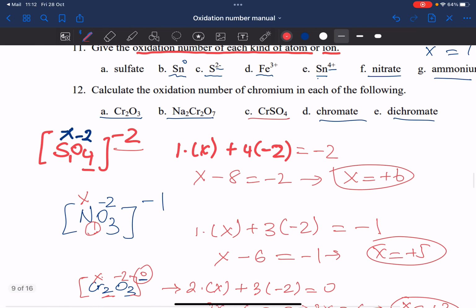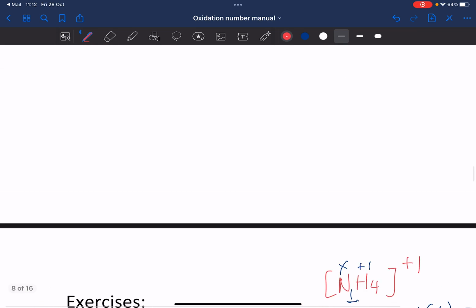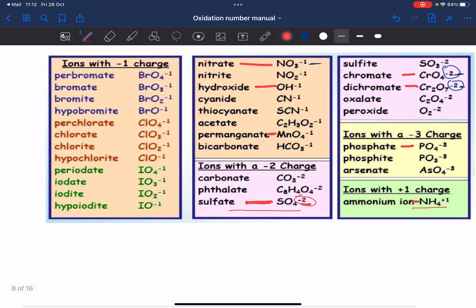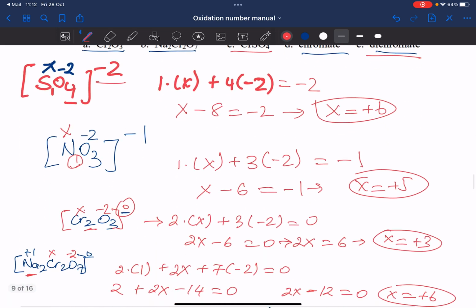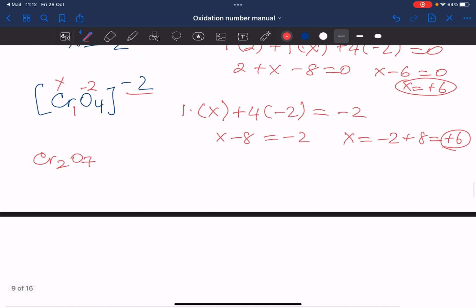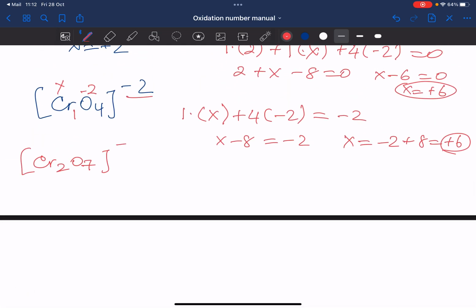And then we have Cr2O7. It's a dichromate, this guy, and I found it here. Dichromate. This whole thing equals -2. We know that the oxygen is -2, and this guy is going to be X. So 2 times X, 2X, plus 7 times -2 adds up to -2.